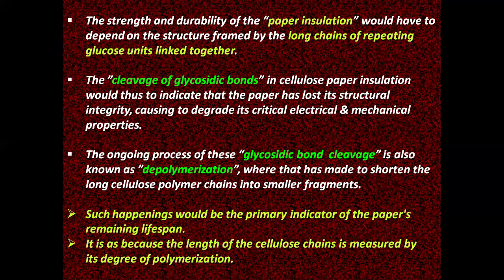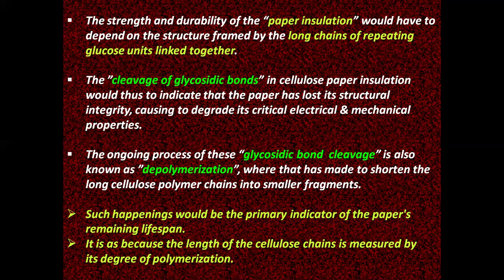The cleavage of glycosidic bonds in cellulose paper insulation would thus indicate that the paper has lost its structural integrity, causing degradation of its critical electrical and mechanical properties.